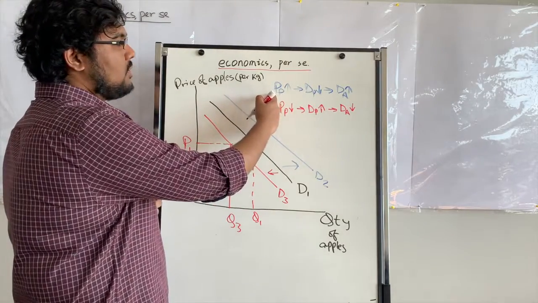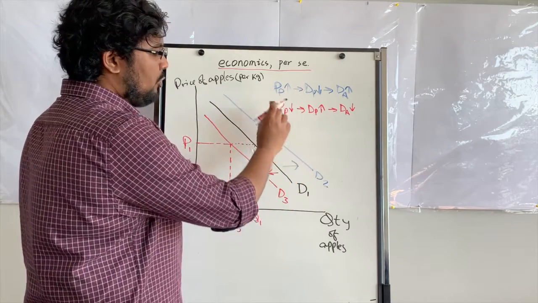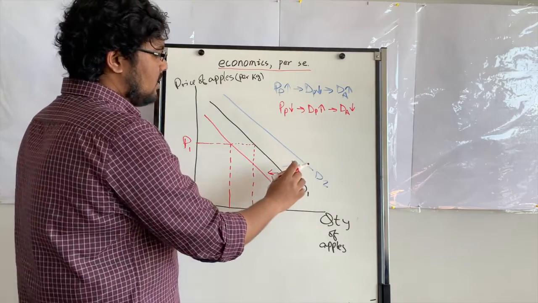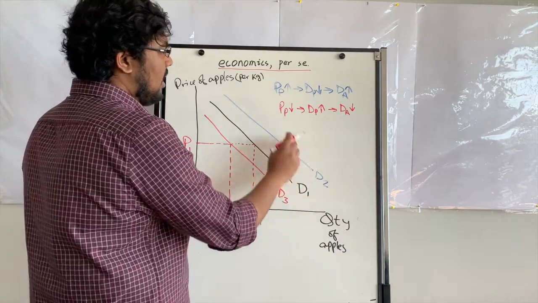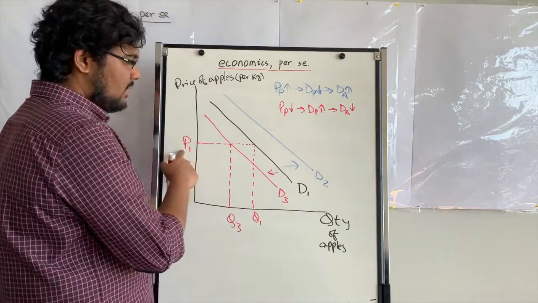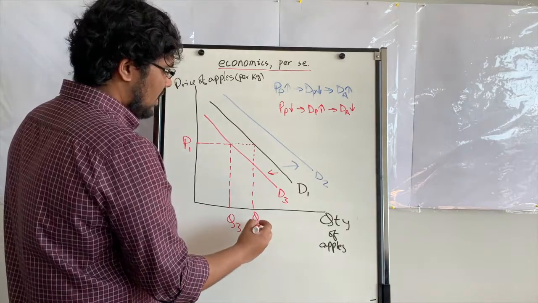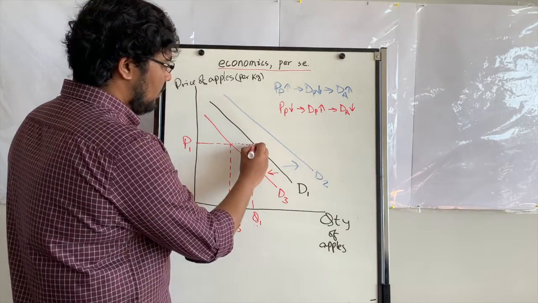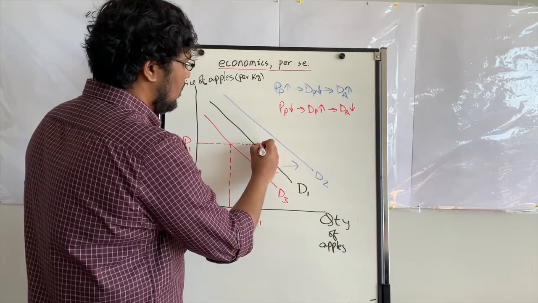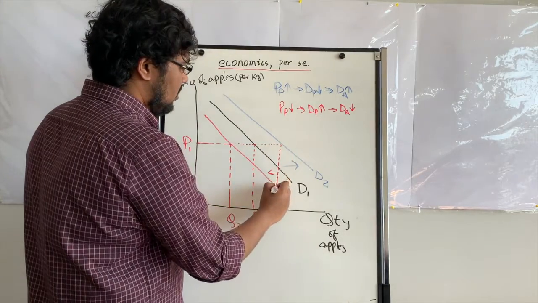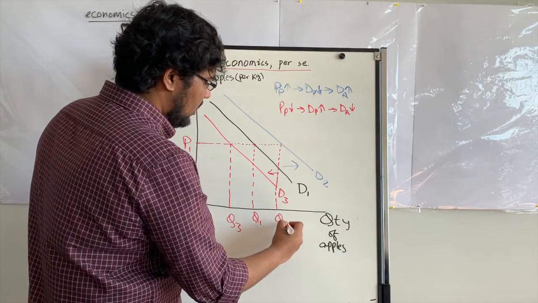And when the price of the substitute increased, we've shown that change by shifting the demand curve rightward. And what happened there in the first scenario is at a given price, P1, the quantity demanded for apples changed from Q1, the initial level, to here, increasing the quantity demanded for apples to Q2.